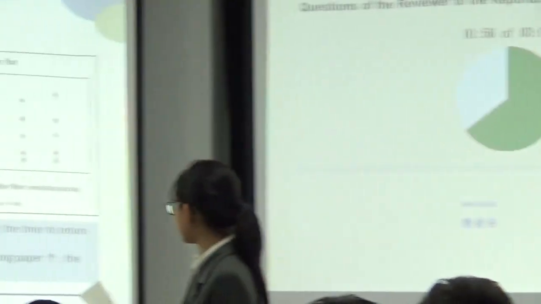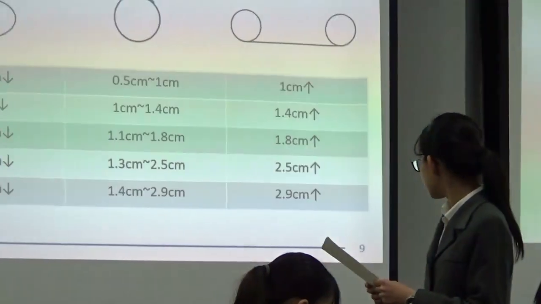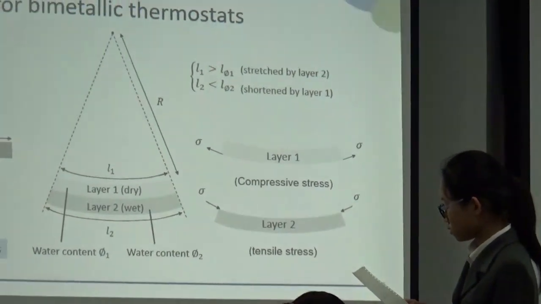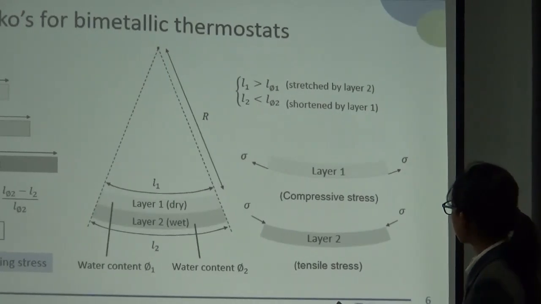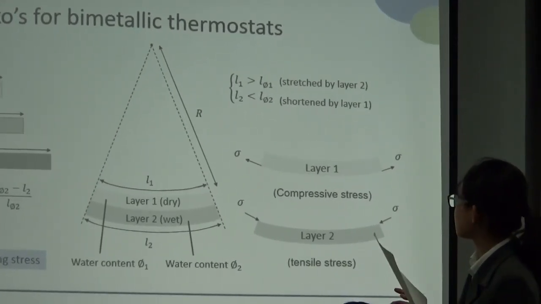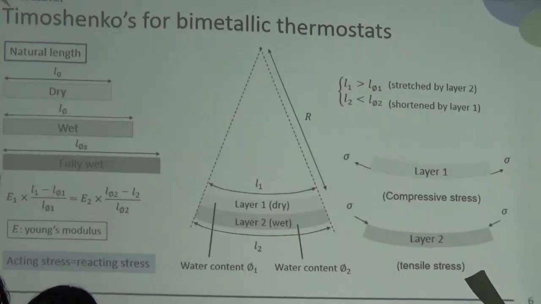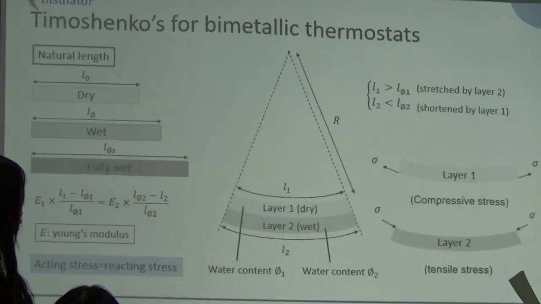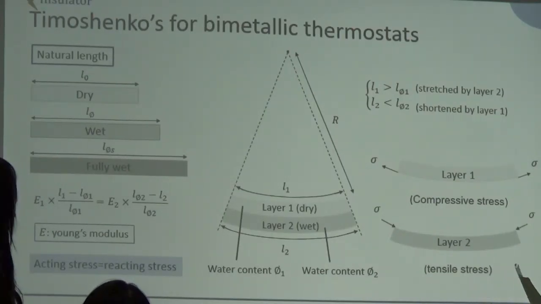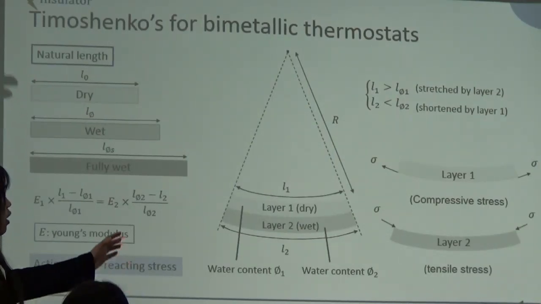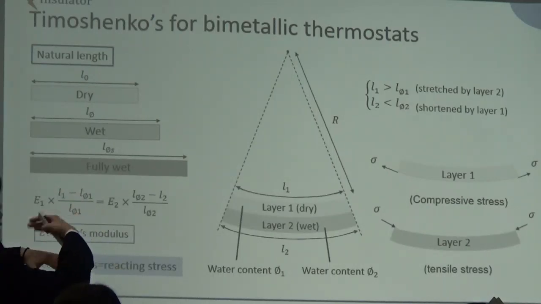Can you turn to page 6? What's the difference between, as I know, this theory is using metal, and how can you apply this to this? I use this hypothesis because I want to explain why it will occur.